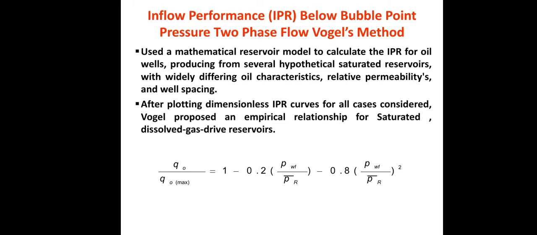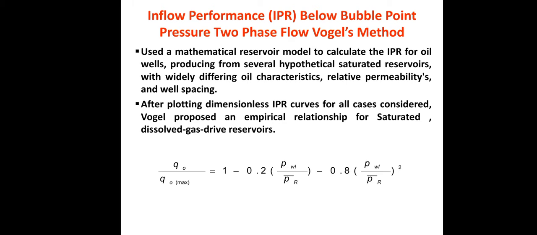But when you go below the bubble point pressure, then you have gas. This gas will cause a double or multiple phase flow. In that case, you will no longer have a straight line. You will have multiple fluids flowing, and the curve will have a tendency to deviate and will look like a parabola; in fact, it will change shape.